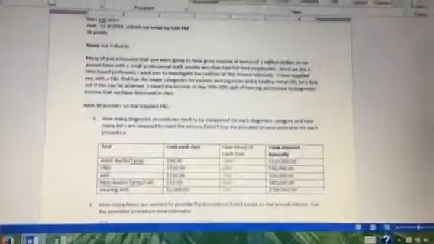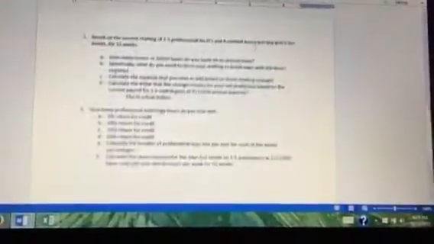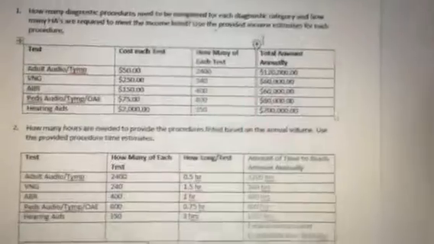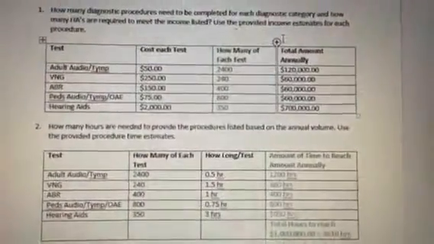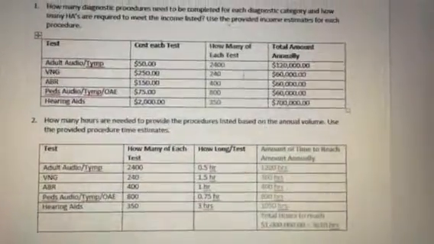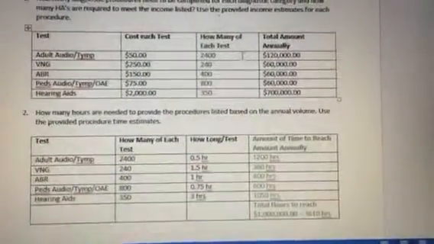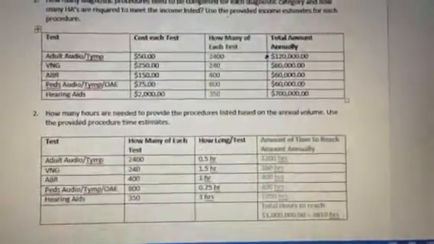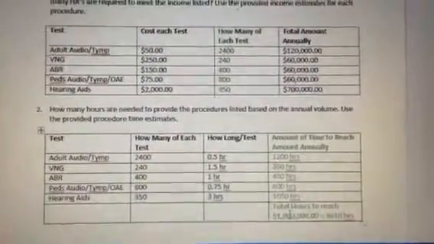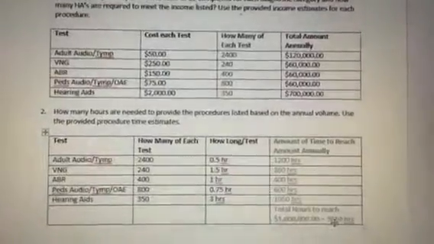Oh, so here's the other part: you figure out how many staff you have. You guys may not have to do this at this point, but you'll take the test times how much versus how many you can do in a year, given how much time you have. Then you'll get how many hours.